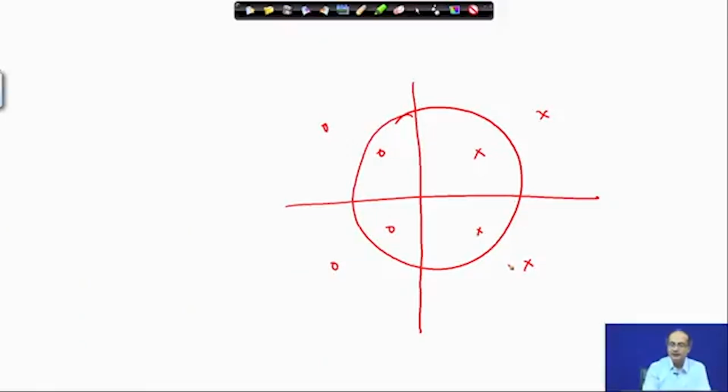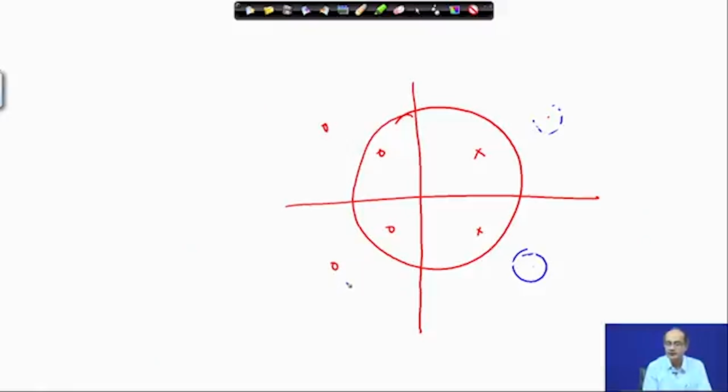If especially the poles are outside, then it becomes unstable, and even if no such pole is there, if we have some zeros outside, they would create the problem that we would get a non-minimum phase signal.